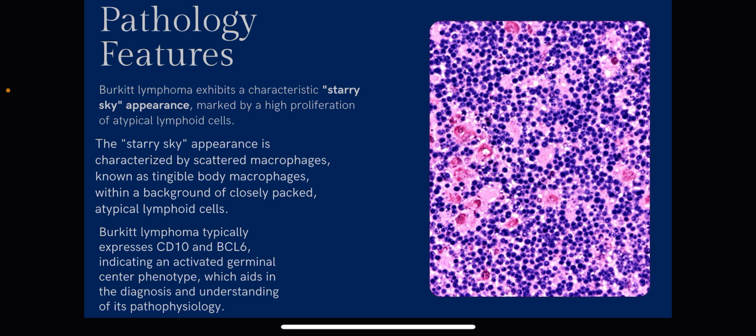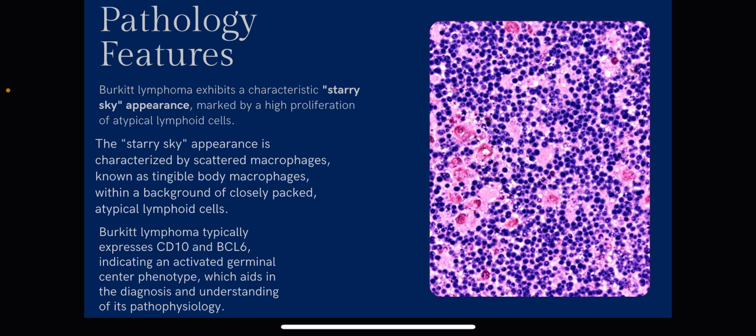Now let's see the pathological features. Burkitt lymphoma exhibits a characteristic starry sky appearance, which is marked by a high proliferation of atypical lymphoid cells. The starry sky appearance is characterized by scattered macrophages known as tingible body macrophages within a background of closely packed atypical lymphoid cells.